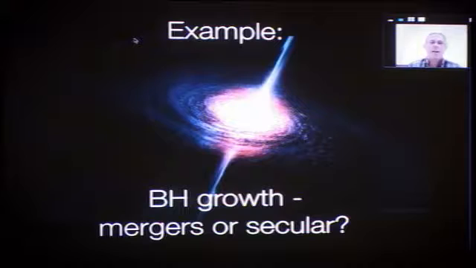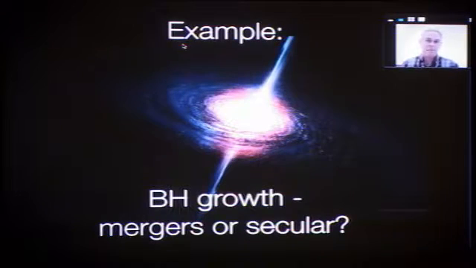Now, when I say grow, I mean that the gas that's in a galaxy, in order to get down to the black hole, it has to lose angular momentum. And that angular momentum loss primarily only happens through very violent or very extreme circumstances. That angular momentum has to be transported out.